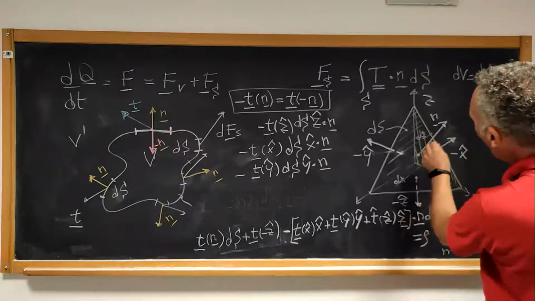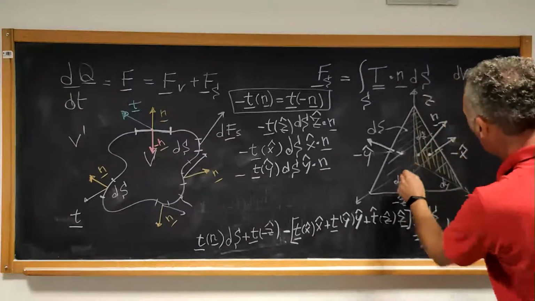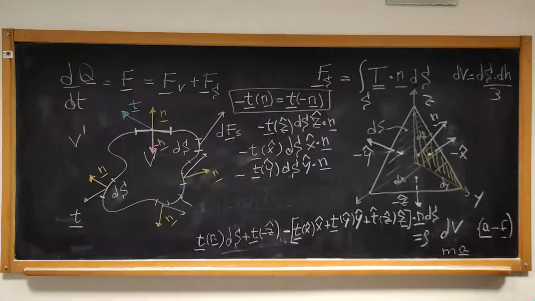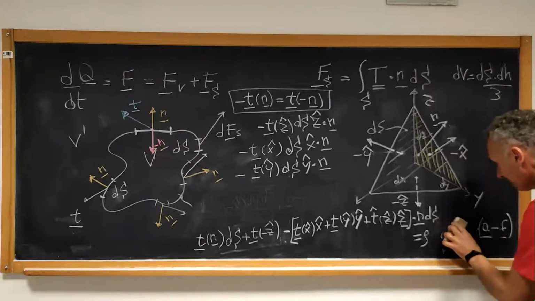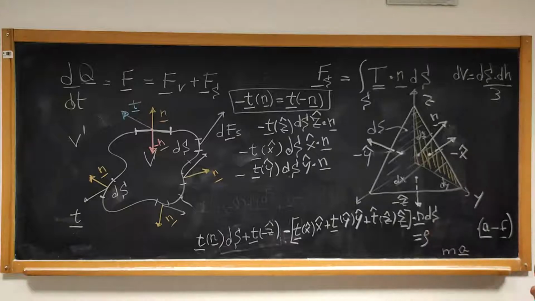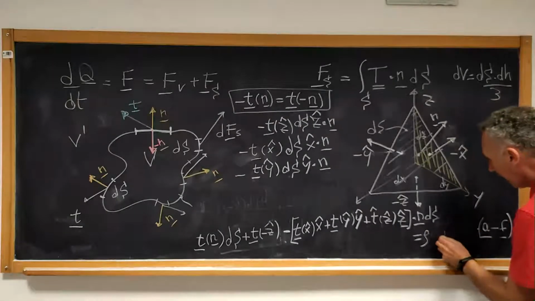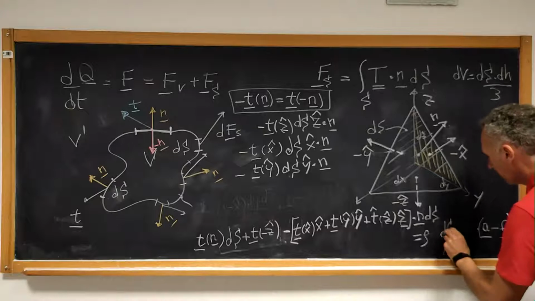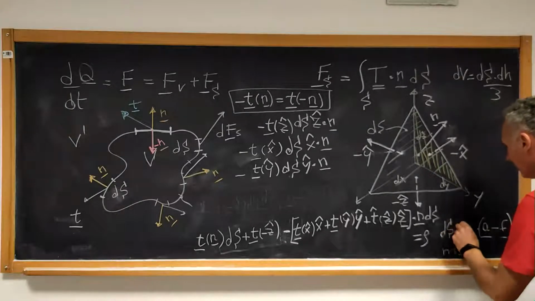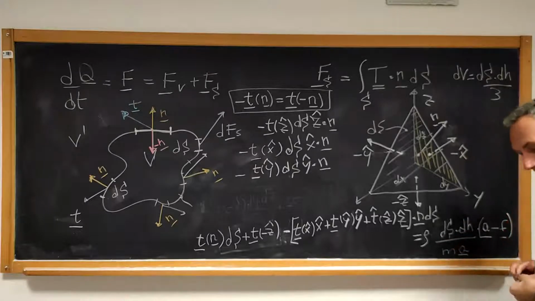Actually the infinitesimal height would be some length pointing into the tetrahedron, but I don't want to make this sketch even more messy, and so I can replace the infinitesimal volume by the infinitesimal surface times the infinitesimal height divided by 3.